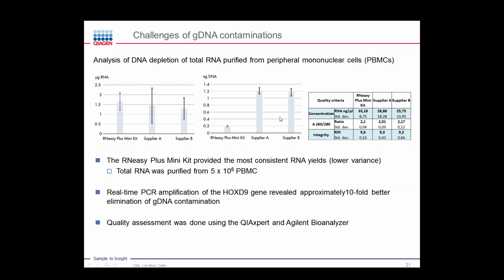The quality assessment was done using the QIAxpert and the Agilent Bioanalyzer, resulting in comparable 260/280 ratios. You can see this here in this table. Values around 2, as well as comparable RIN values indicating high quality RNA, and also the RIN values indicating very intact RNA.